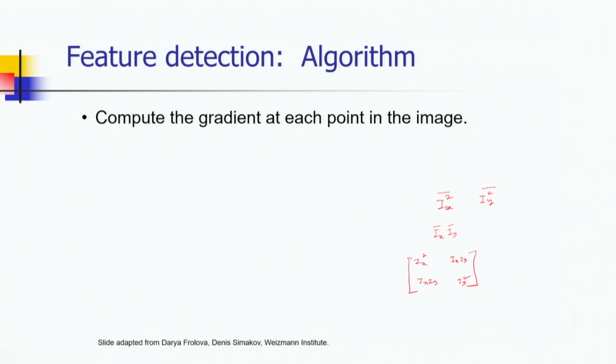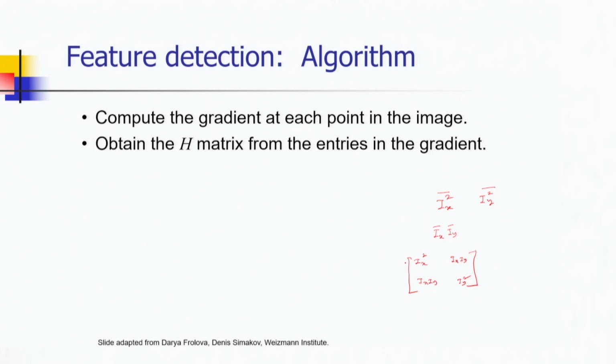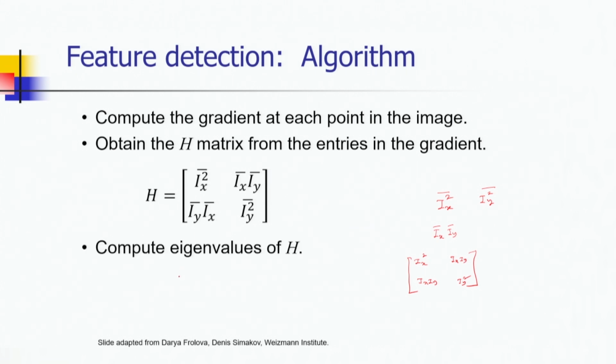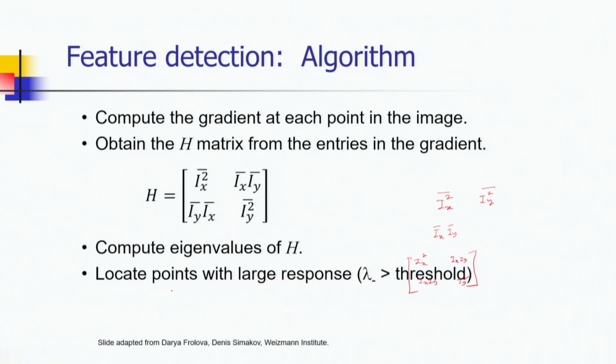So, you should take the averages and then use these computations, because you assume there is noise. So, that is what I mentioned: you take those point computations of derivatives, square them, but take the averages around the neighborhood, and then you compute the eigenvalues of H, and then locate points with large response for your minimum eigenvalue, which is greater than a certain threshold.